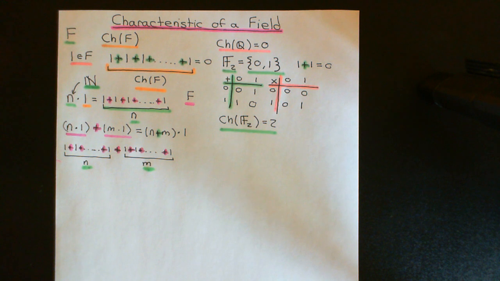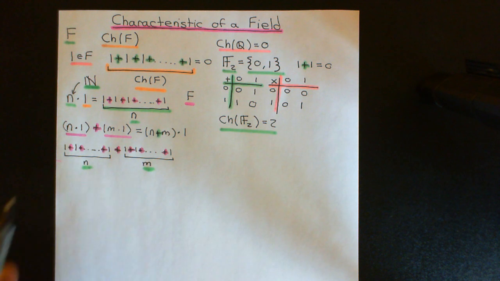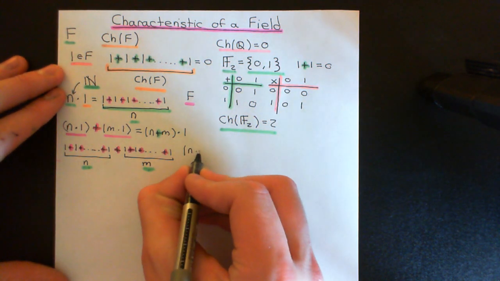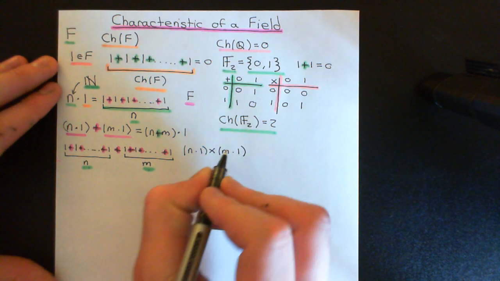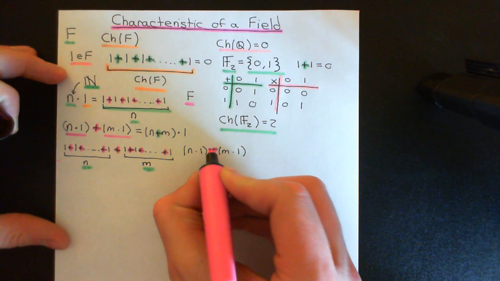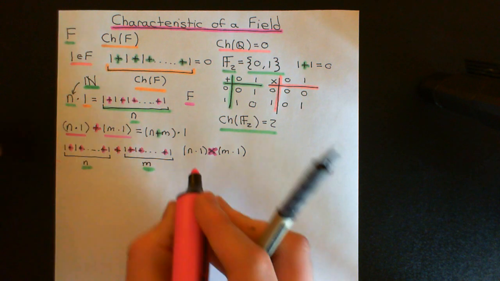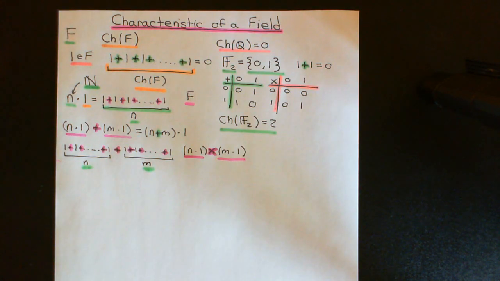The other really nice thing about this notation comes from when we consider what n dot 1 multiplied in the field with m dot 1 is going to be. So now let's consider n dot 1 multiplied with m dot 1, where this is multiplication again in the field, so I'll colour it in purple because it's to do with the field. n dot 1 and m dot 1 are just elements of the field, so of course you can multiply them together in the field.